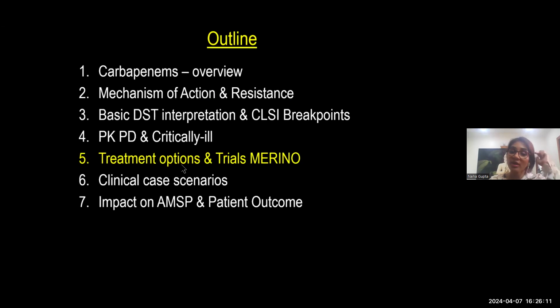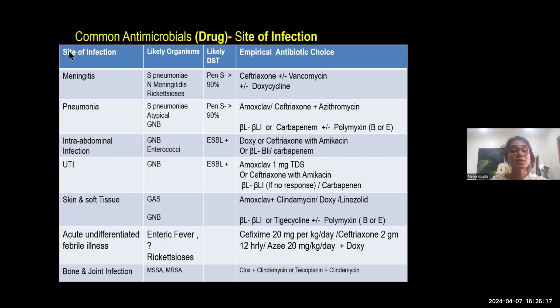Coming to where we can use the carbapenems, and also a discussion on the MERINO trial. This is a table which briefly summarizes where we can use carbapenems as the empirical choice. The choice of antibiotic will depend upon the site of infection, the likely organisms and their likely drug susceptibility.